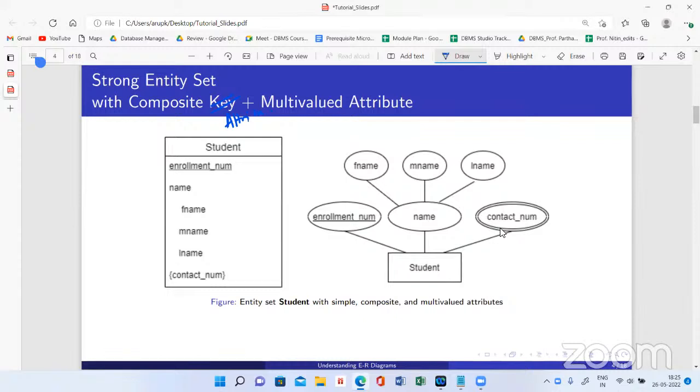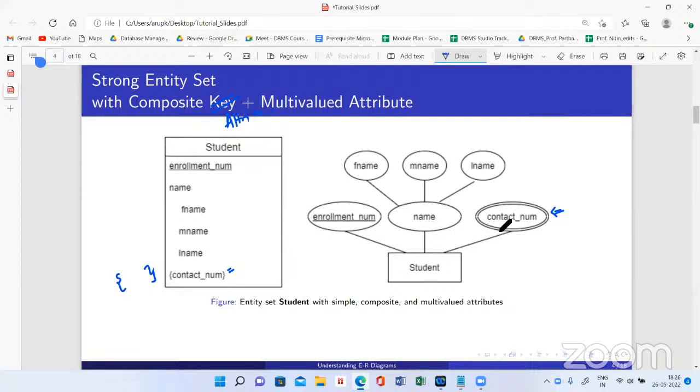So it's not atomic or a simple attribute, because a student is associated with more than one phone number. How do I present this? We put it inside double oval in this kind of presentation. This is called multi-valued.